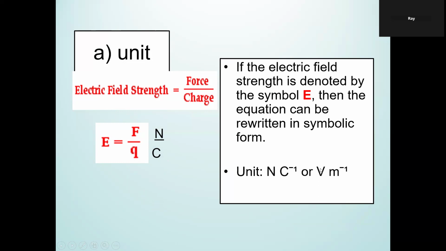You can show it's volt per metre also. You're not interested to derive the unit, but you need to remember the answer. Sometimes if they don't give you a unit, you're supposed to write it down. It's worth 1 mark. But you won't be asked to show what's the unit of electric field, like in AS.